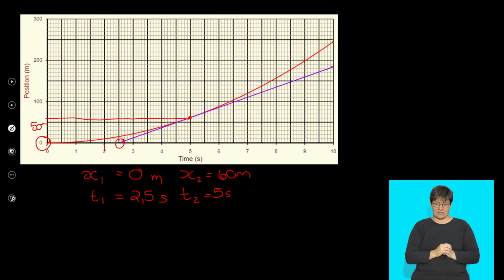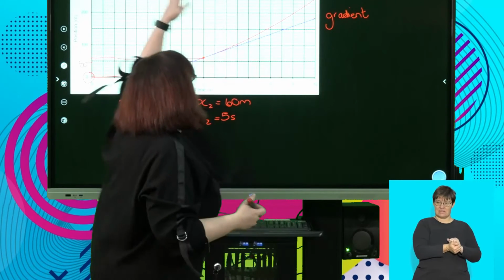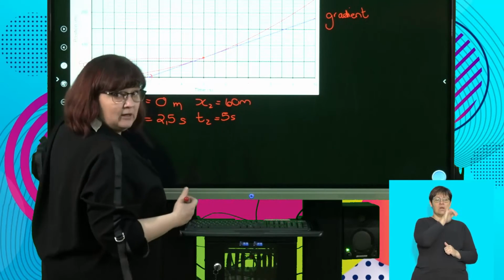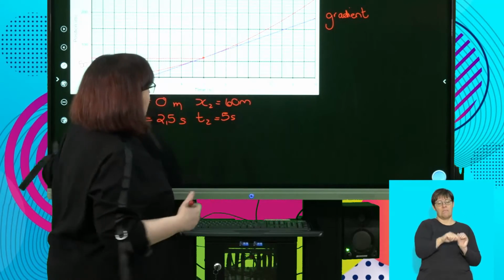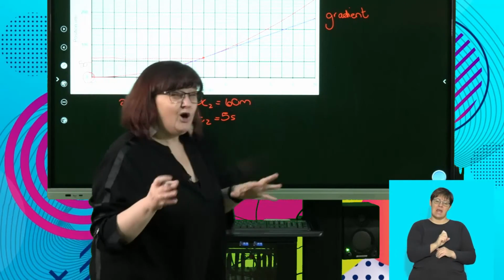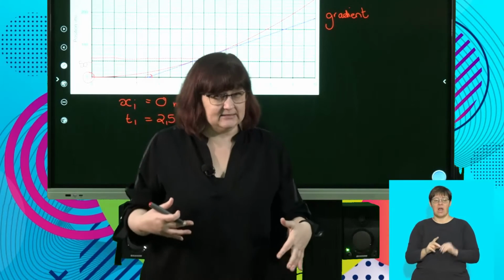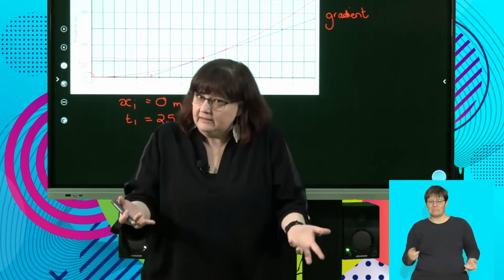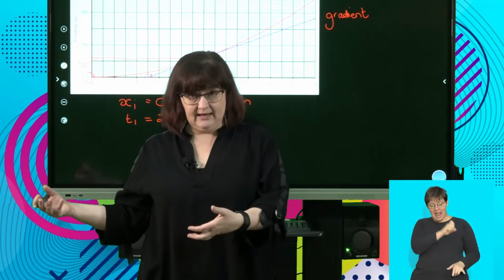We're finding a gradient, so we go gradient. In this case, and this is where it gets a little strange for us, because in maths, we would use y1 minus y2 over x1 minus x2. We can't use y's and x's in science because they have meaning, which is different to maths.